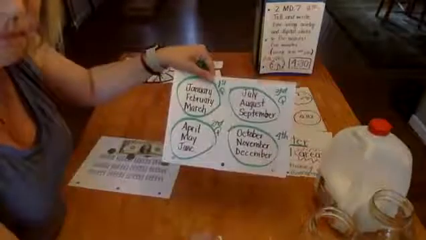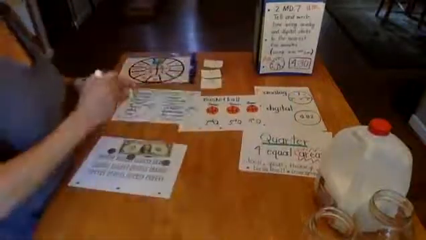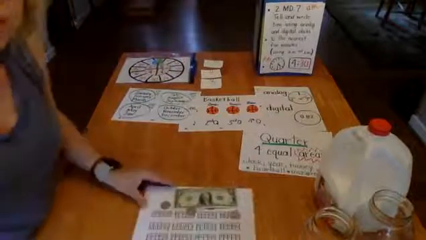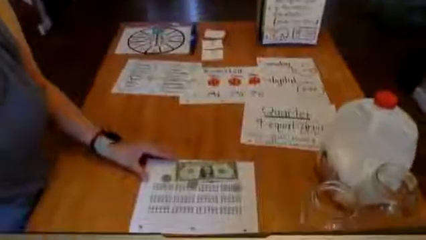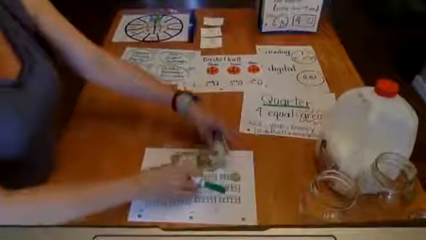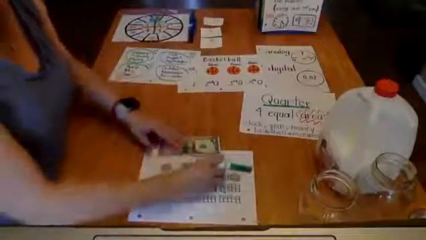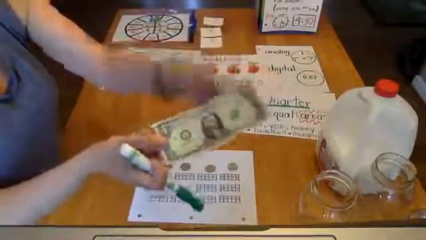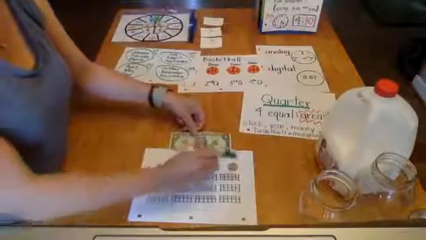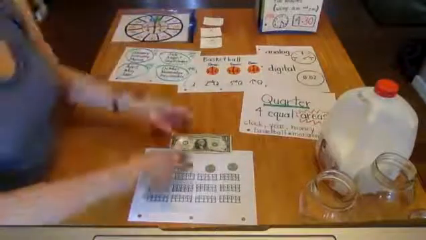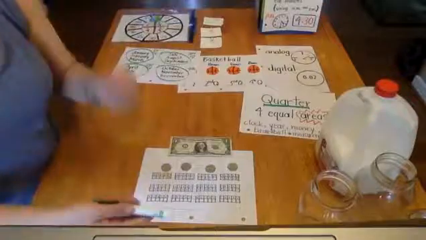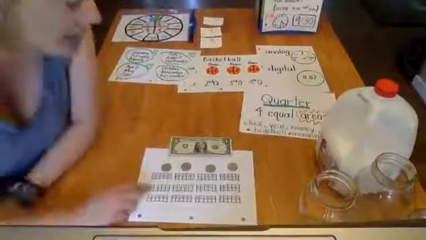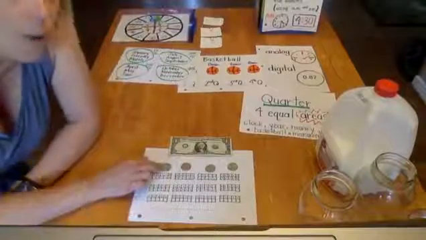Perfect. Now the last thing we're going to look at is money. I really hope you can see this well. Within this dollar bill, this one whole unit, there are 4 quarters. That doesn't mean you can open it and there will be 4 quarters in there, but it does mean that there are 25 pennies in each quarter.